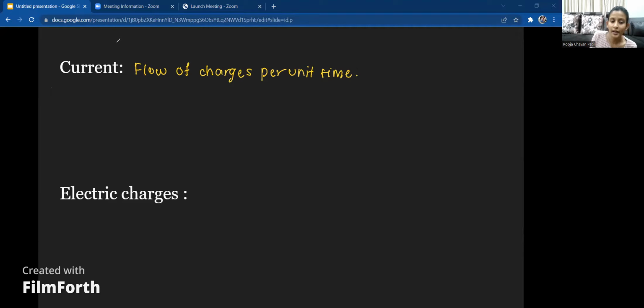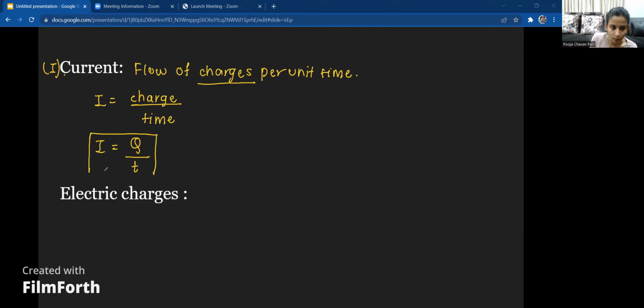The letter with which we denote current is capital I. So if we want to write the formula for current, it is I is equal to charge flown per unit time. Charge is denoted with the letter Q and time with T. So the formula for current is I is equal to Q upon T.